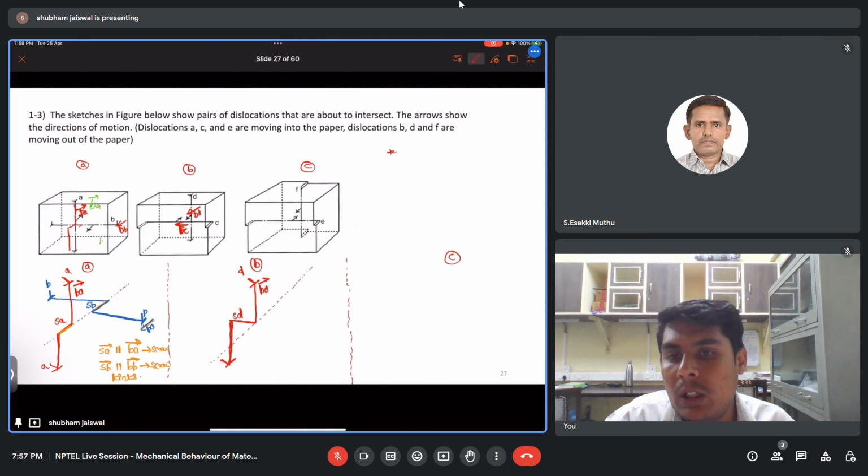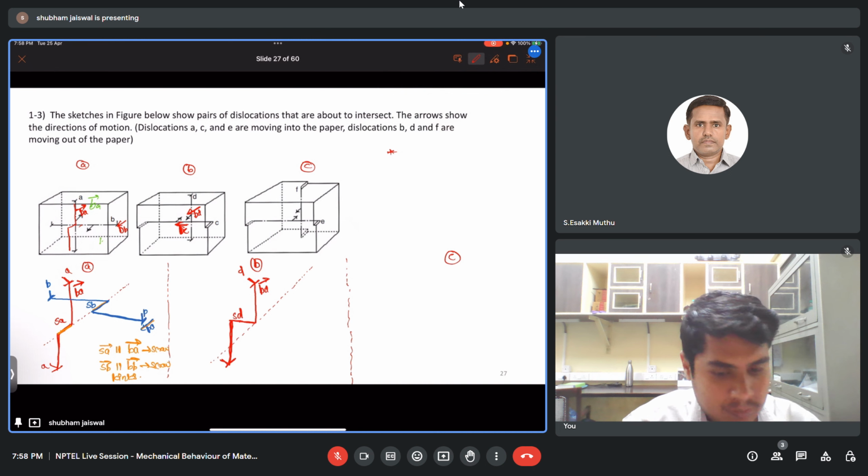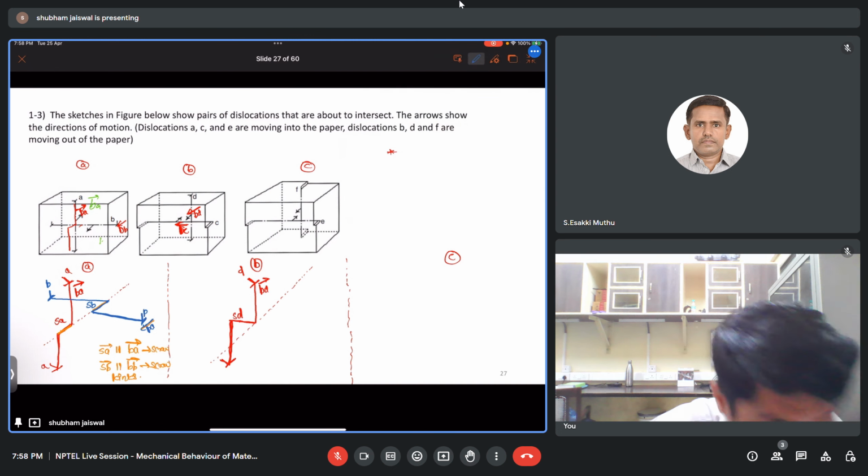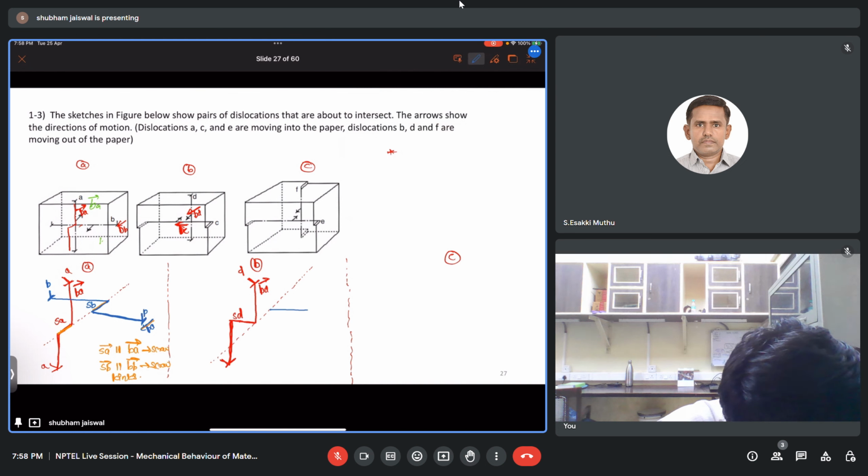Okay. Now consider this D dislocation will create a step in C in the direction of Burgers vector of D. So let's say this is my original screw dislocation.